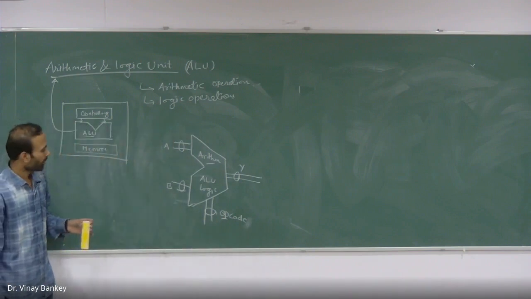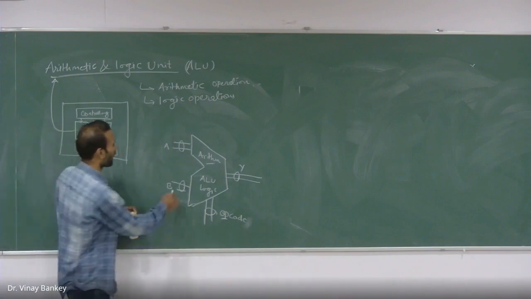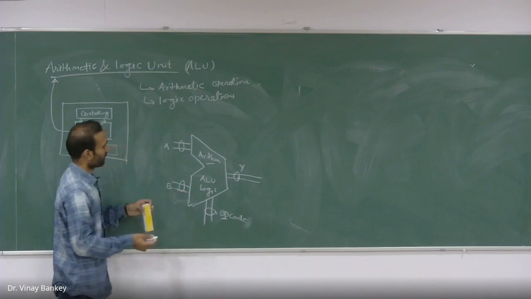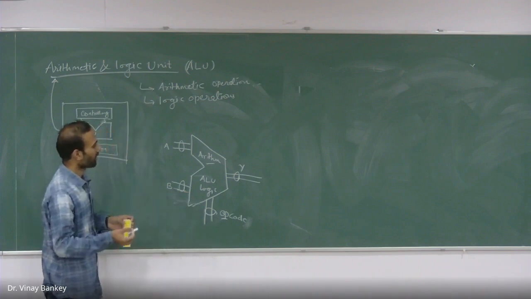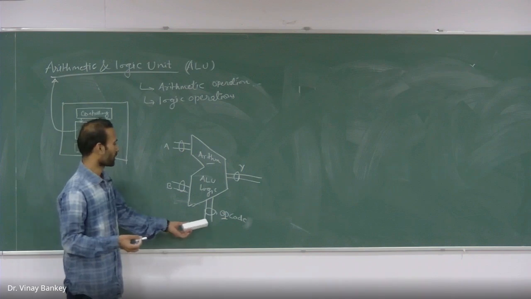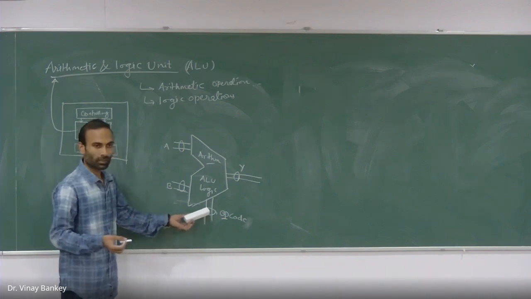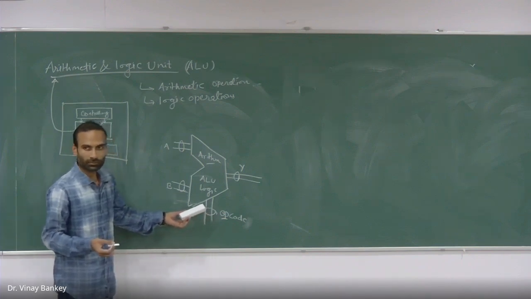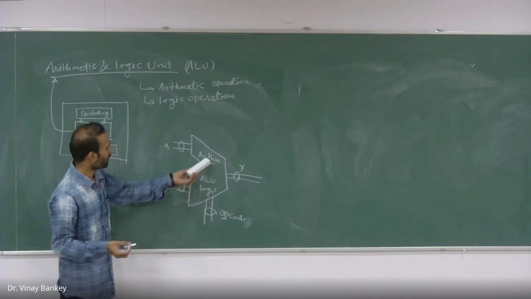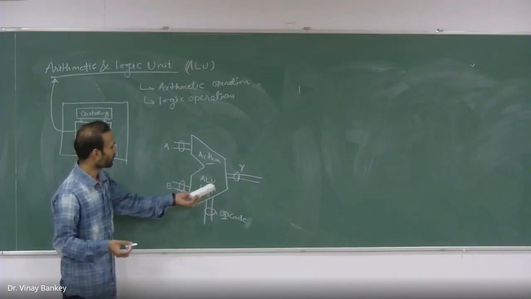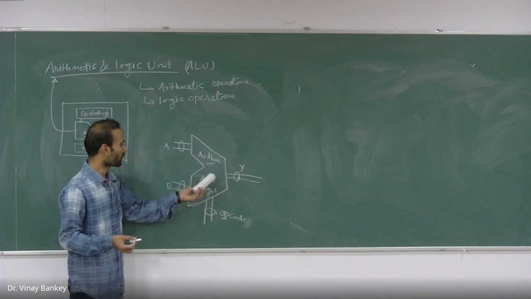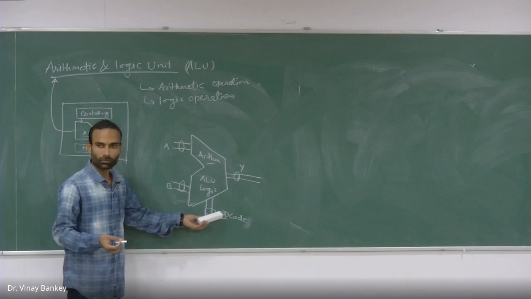If you are smart, you can tell me which type of combinational logic circuit we should use for these selection lines? Multiplexer, exactly. Because there will be an arithmetic operation and a logical operation, at the end of this unit there should be one multiplexer which selects between these two operations based on the operation code.